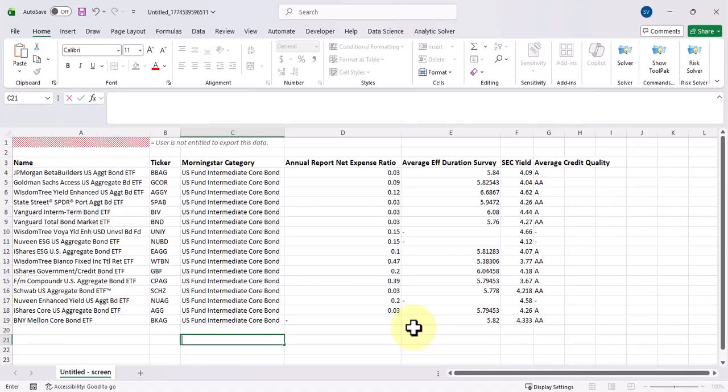And then the average credit quality, I said AA or better. So I'm going to give the A's a 1 and the AA is a 1, and anything less than that or non-existent than a 0.